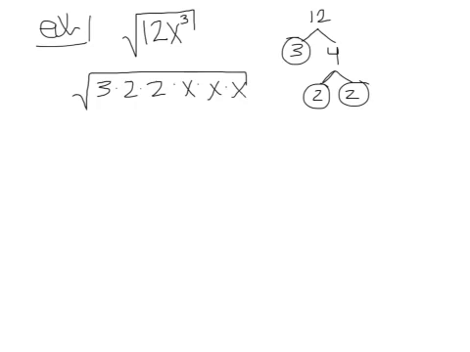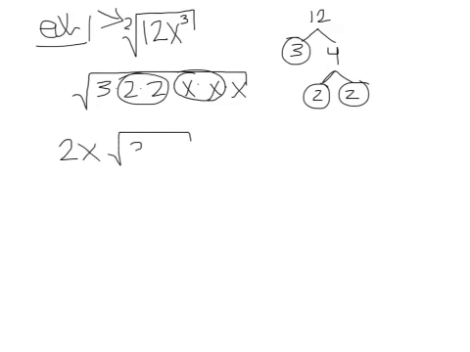I'm going to circle, since the index here, there's a hidden 2, I'm looking for the same number or variable repeated twice. So here I have a 2, meaning I'm going to pull that out. Here I have x listed twice, so I'm also going to pull out an x. What's remaining is 3x under the radical.